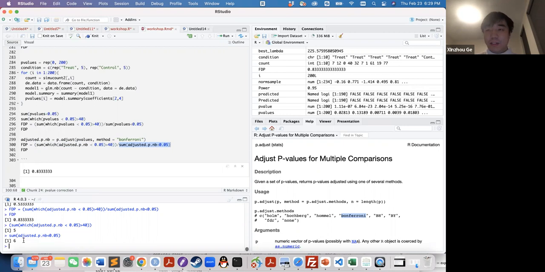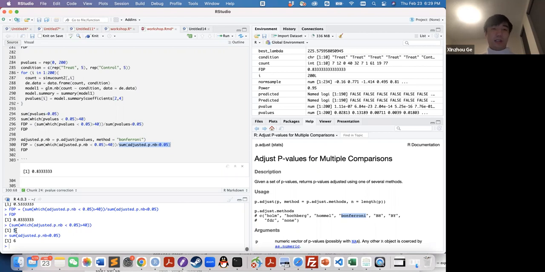We can see that first, after the correction, we only have a very small amount of discoveries left. That's one problem with the Bonferroni correction. And secondly, the number of false discoveries is still very large because of the model misspecification problem.